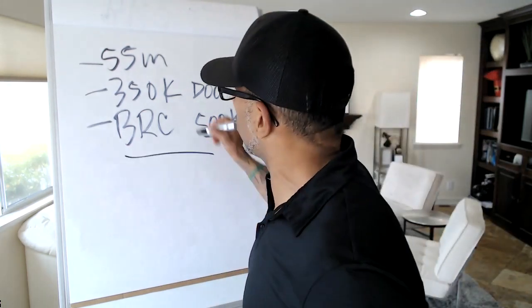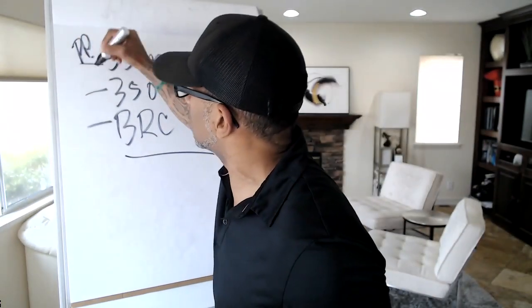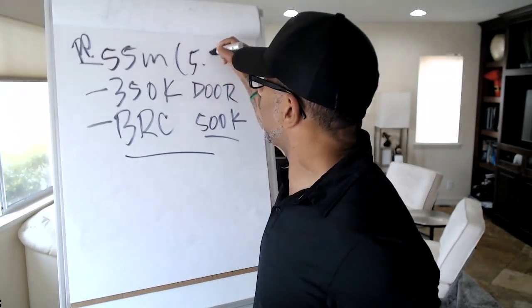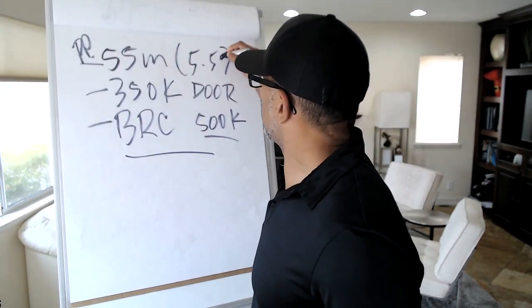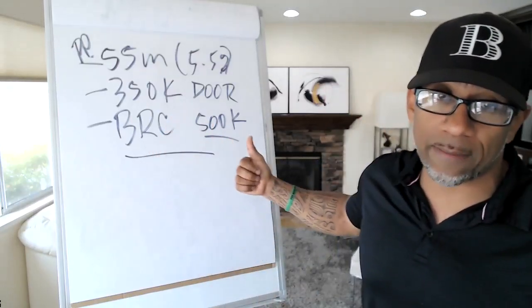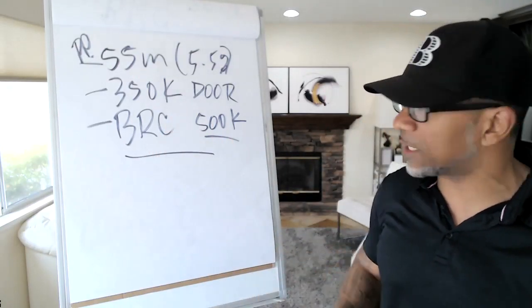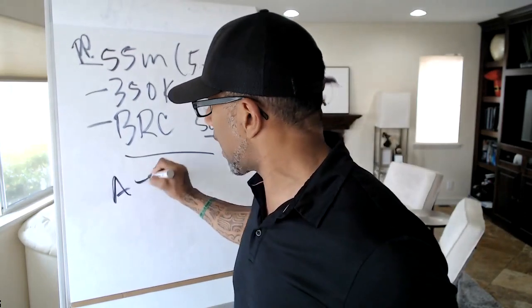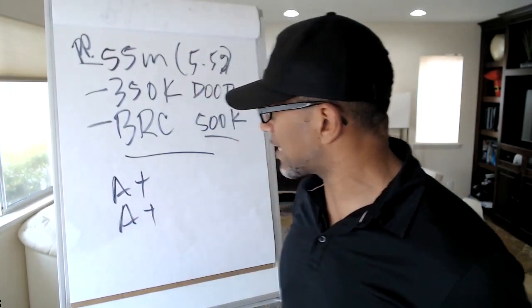So no matter what, you're still doing better if this was your purchase price going in the door and you're at, let's say, a 5.5% cap rate on this deal. This deal is going to pay money, period. This is an irreplaceable asset. This is an A plus location, A plus asset.